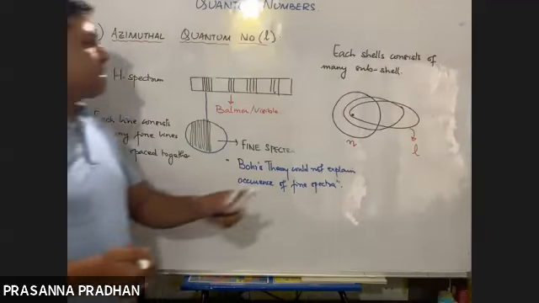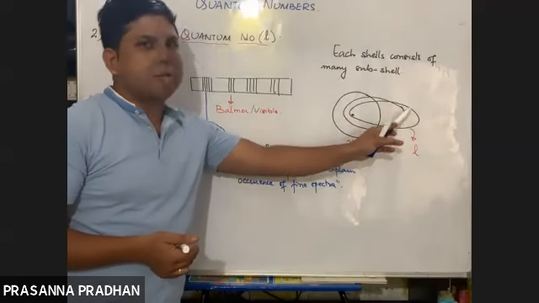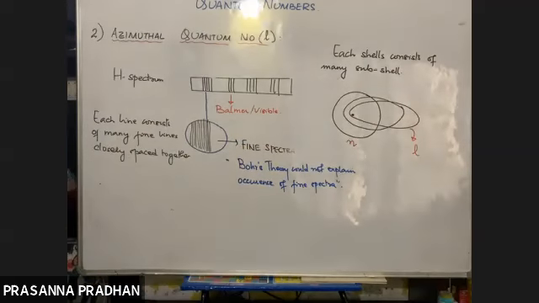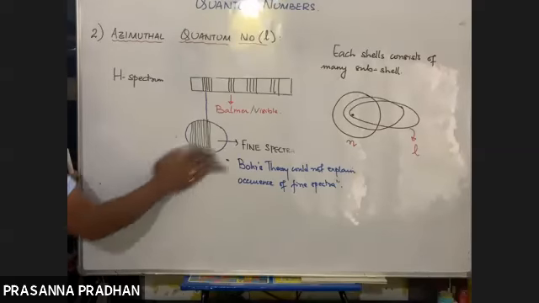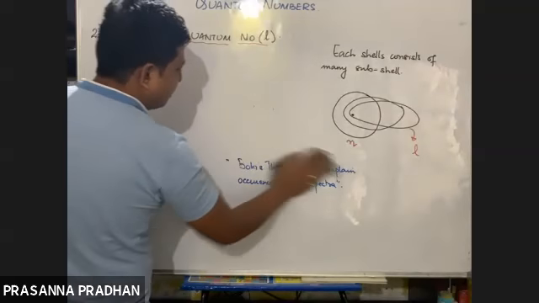When an electron makes a transition from one elliptical orbit to another, we get this fine spectra. So this is the origin of the azimuthal quantum number.